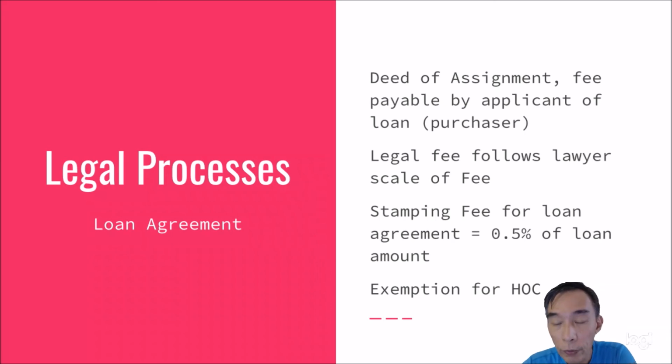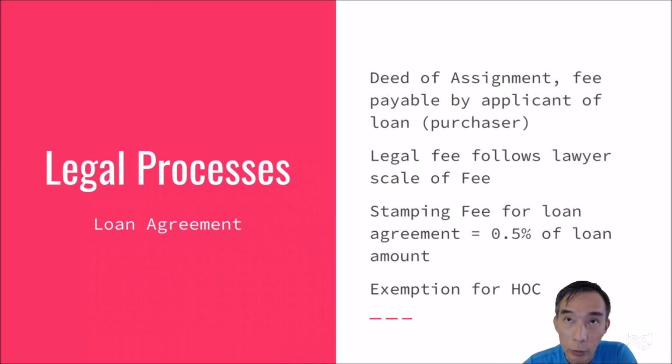So the stamp duty for the loan agreement, 0.5% of the loan amount, is to be paid by the purchaser, the one who applies for the loan. Of course, in certain ways the government gives a lot of exemptions. In the HOC, Home Ownership Campaign, this 0.5% stamp duty on the loan is actually exempted. So let's say the purchaser buys an HOC project from the developer, and the developer says, we will waive your legal fee and stamp duty.